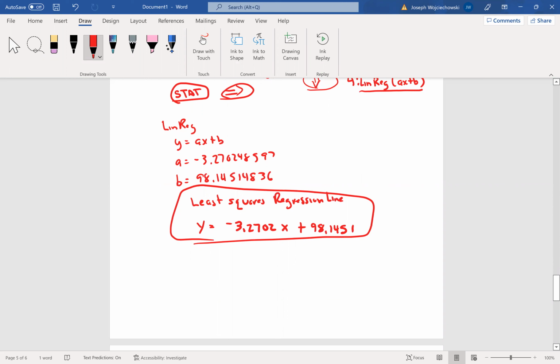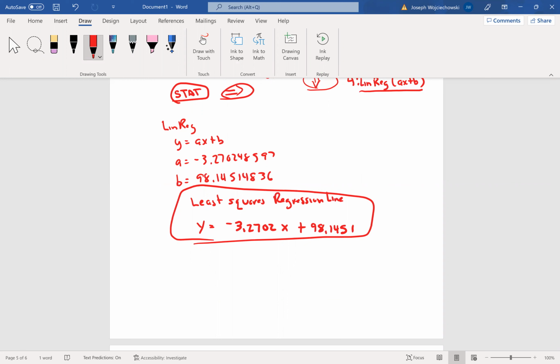Now the next question is, use this model to approximate the average for a student who misses 6 classes. So now we're going to say x equals 6. So y equals negative 3.2702 times 6 plus 98.1451.